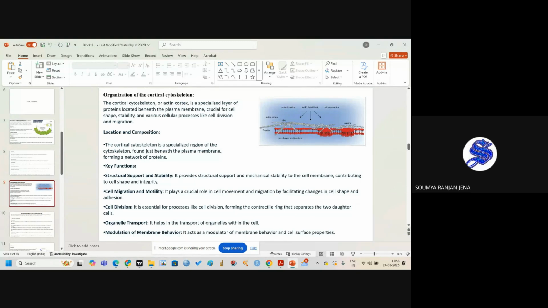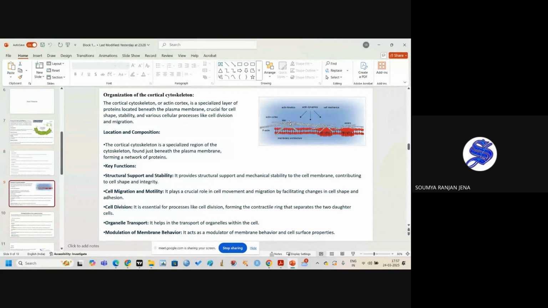If we go to the organization of this cortical cytoskeleton, this is how it holds the plasma membrane. The cortical cytoskeleton, or actin cortex, is a specialized layer of proteins located beneath the plasma membrane, and this is crucial for cell shape.